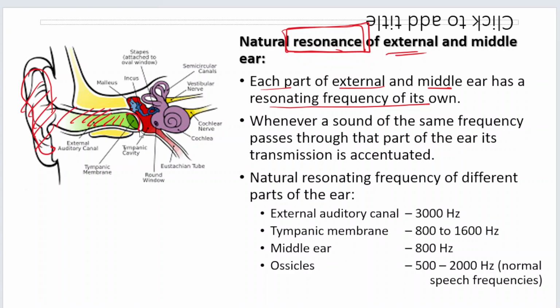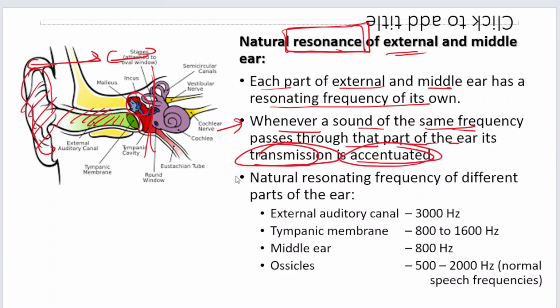Tympanic membrane has a different resonance frequency. Ossicles have a different resonating frequency. But all these frequencies are only in the external and middle ear. It has got nothing to do with the inner ear. So what do we understand by that? Whenever a sound of the same frequency passes through that part of the ear, its transmission is accentuated.